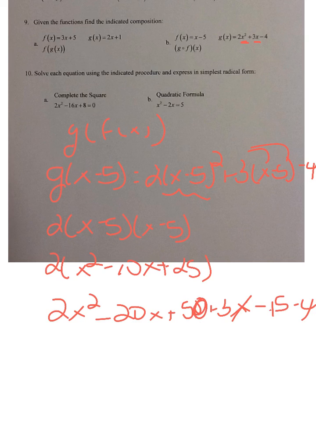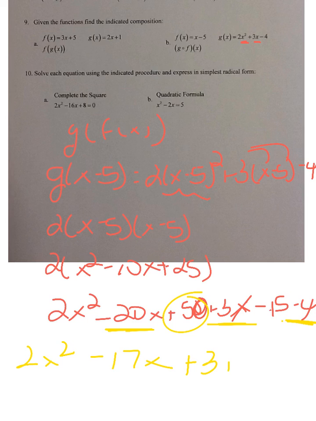All right, so when I combine like terms, I get 2x squared, negative 20x, and positive 3x is negative 17x. 50 minus 15 is 35, and then 35 minus 4 would be 31.